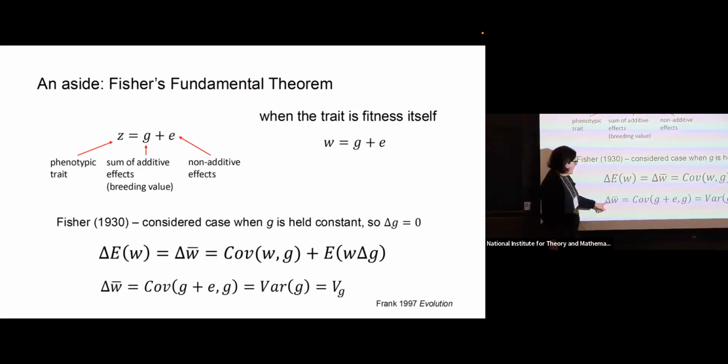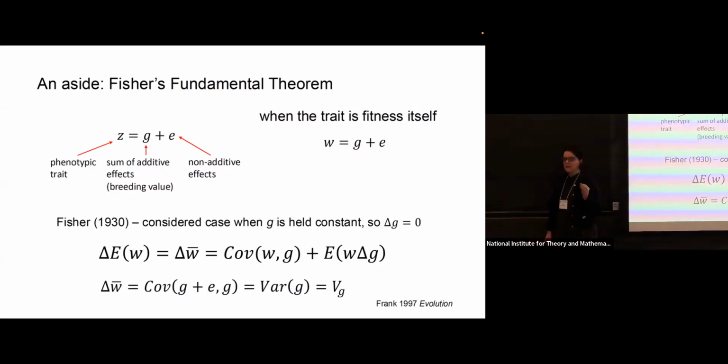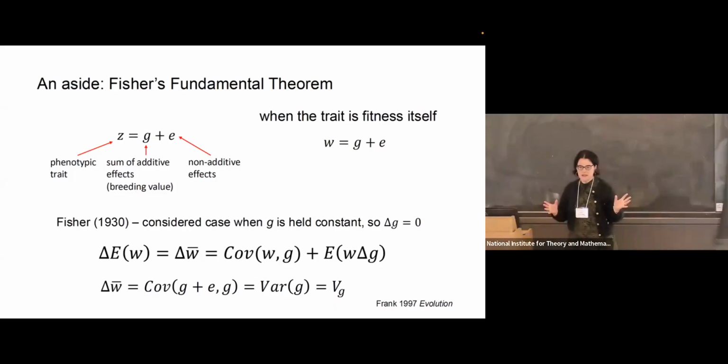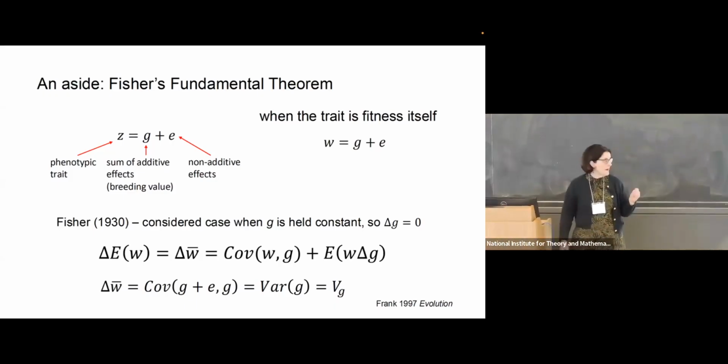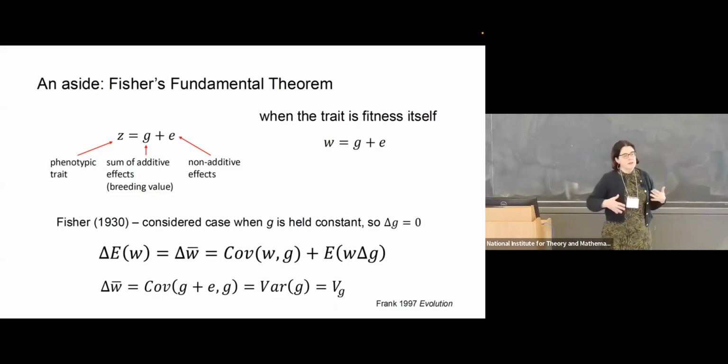And so the change in mean fitness from one generation to the next should be the variance in that additive effect, which is the additive genetic variance. And so that's Fisher's fundamental theorem. The fundamental part of it is basically saying, well, if a lot of the assumptions that we've made are true, that variance term has to be 0 or positive.